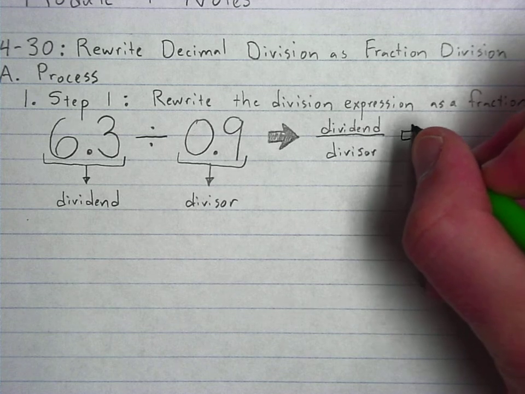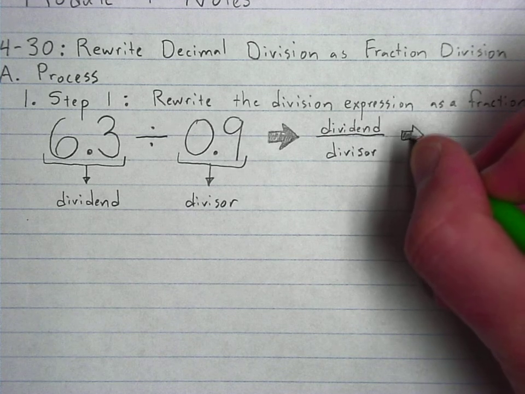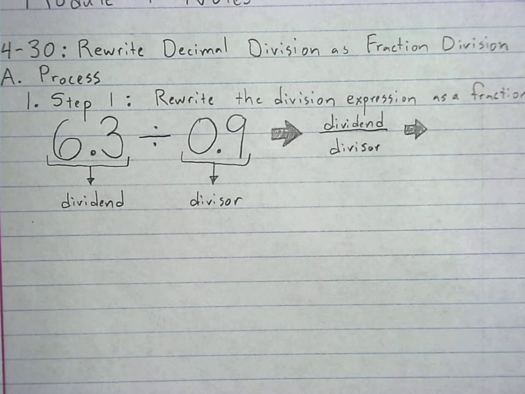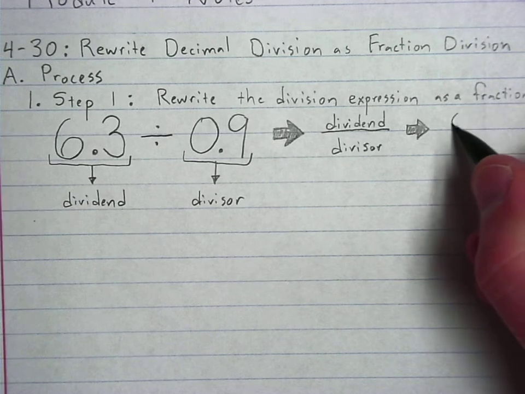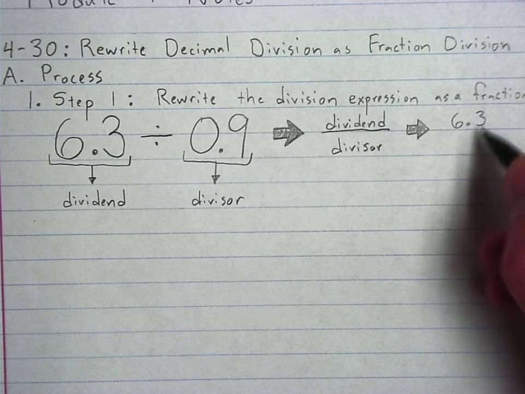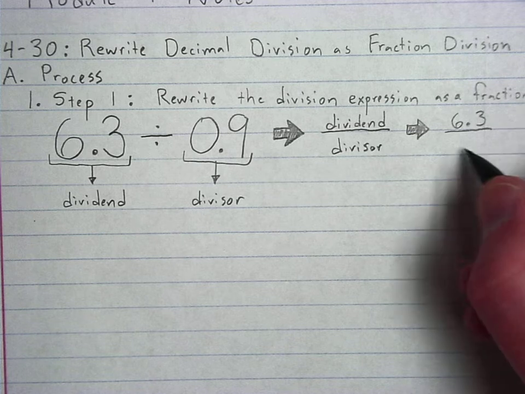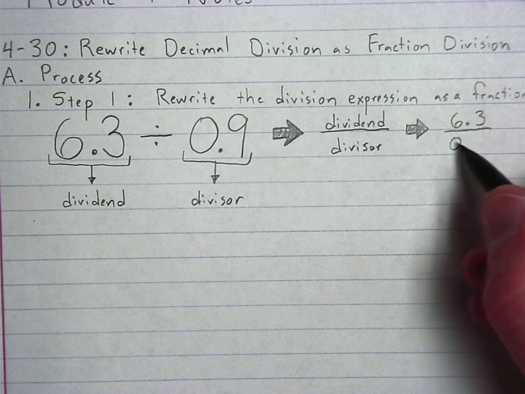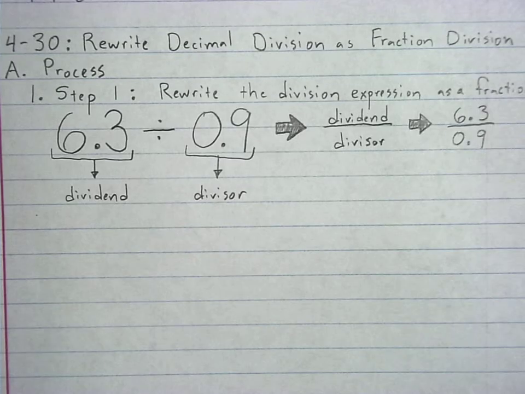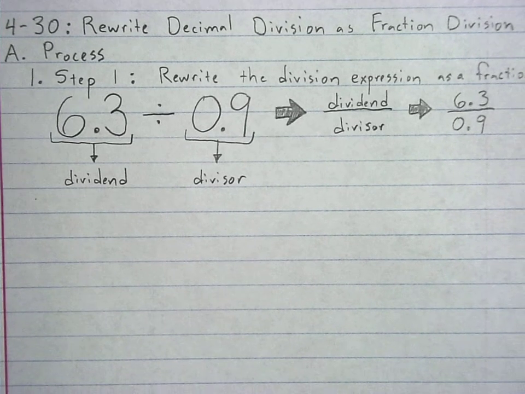So this is the weird part where I said we wouldn't really be seeing too much of this, and now I'm having you write it. Sorry. 6 3/10 over 9/10. Now, decimals there. Don't worry about it though. We're going to get rid of them pretty fast.